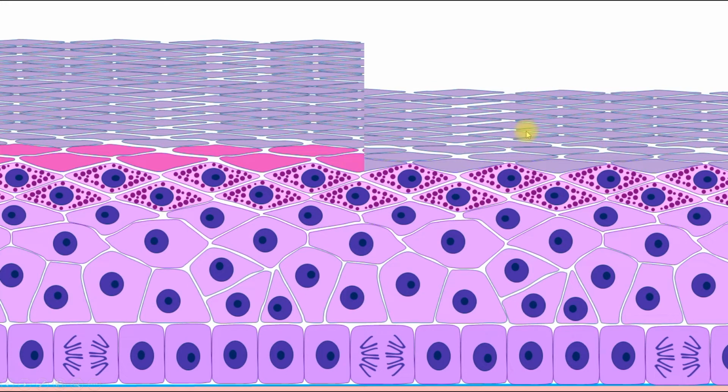Where are those types of skin present? Thick skin is present on our hands, and it covers our palms and soles, and fingers are covered with this type of skin. And thin skin is more widely distributed. It covers all other regions in our body.